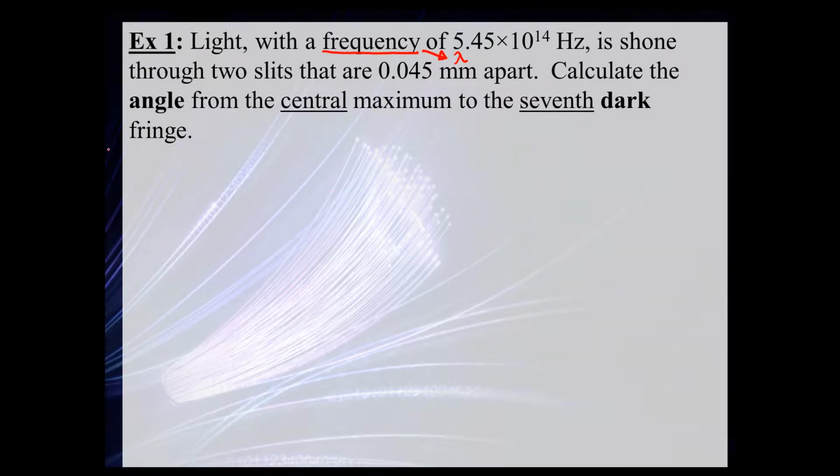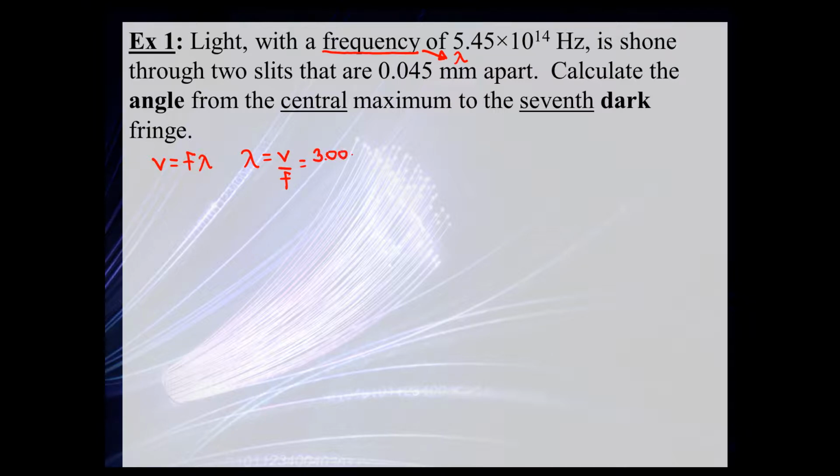To do that, we need to use the universal wave equation. So that tells me that v is equal to f times lambda. Let's get the lambda isolated. So lambda is equal to v divided by the frequency. v is the speed of light, and we'll assume this is happening in air.